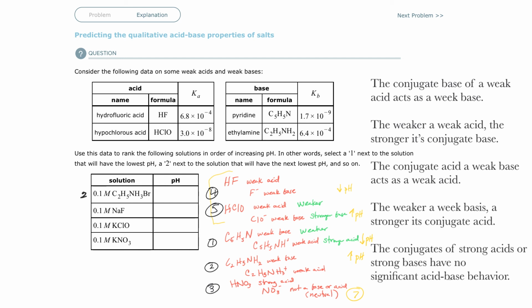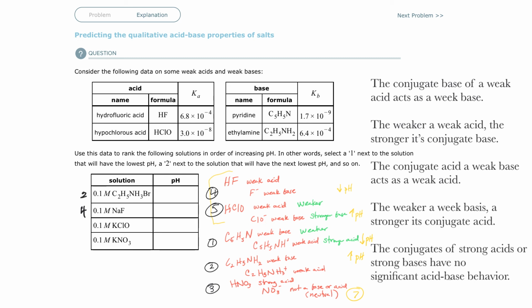NaF. So we have that as 4. NaF was 4 right here, F. And then what about KClO?